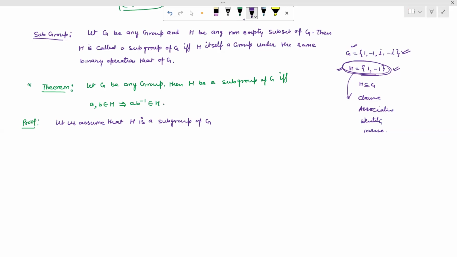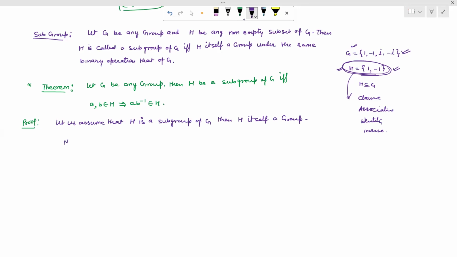So H itself is a group, meaning it satisfies all four properties.